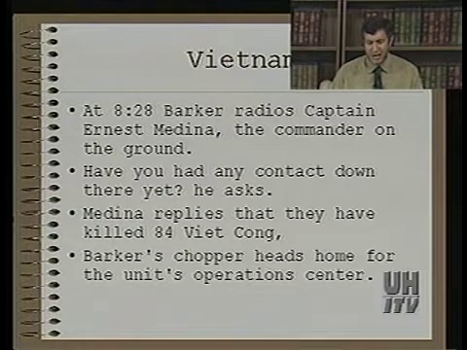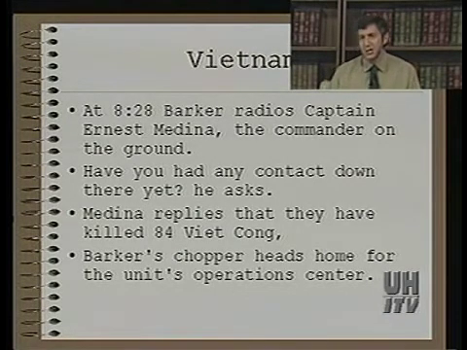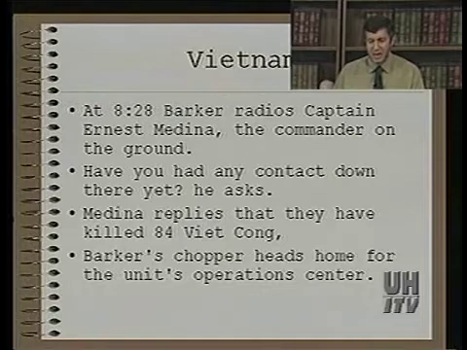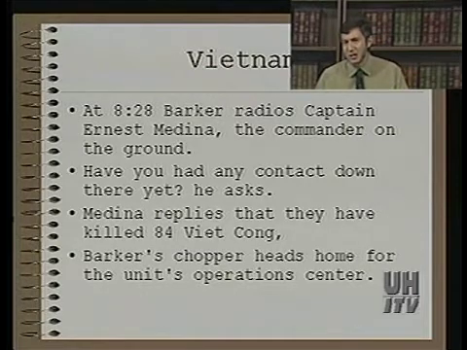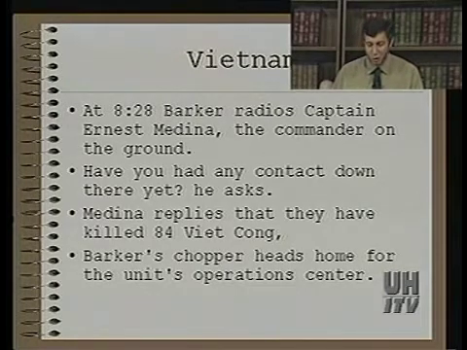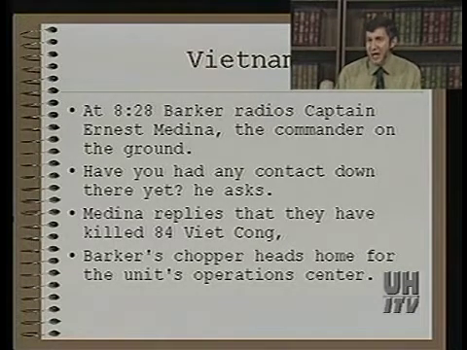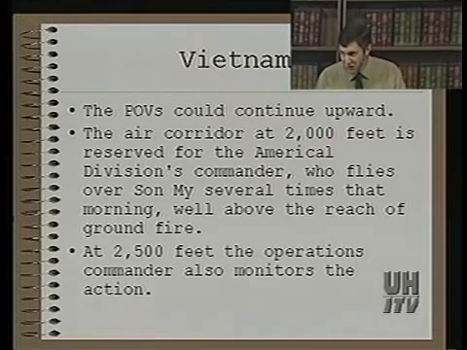At 8:28, Barker radios Captain Ernest Medina, the commander on the ground. Have you had any contacts down there yet? Medina replies that they have killed 84 Viet Cong. Barker's chopper then heads for home, for the unit's operation center. Next point of view.